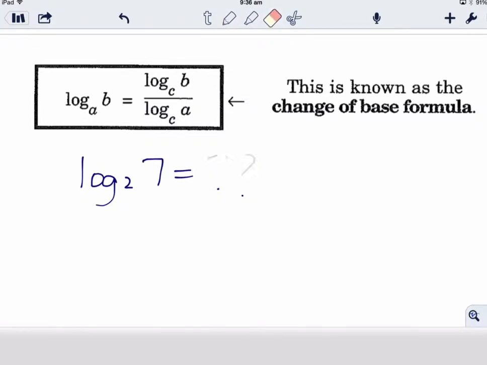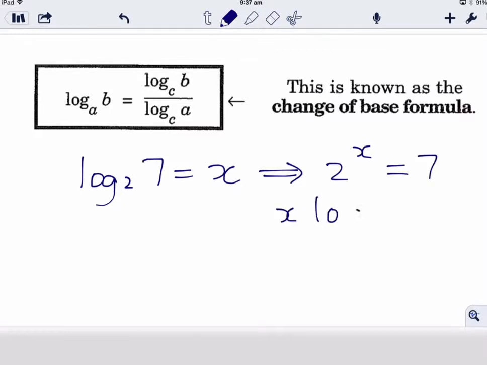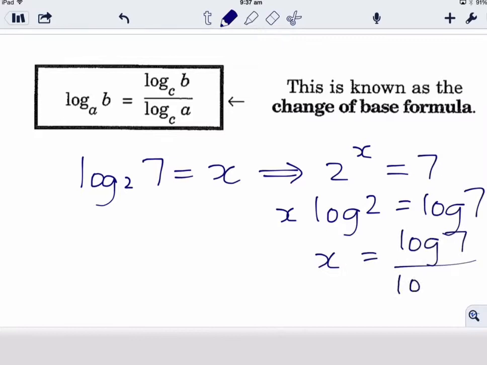Really simple. If I call this x, that's what we're trying to find, and I convert this into an indices statement, this is 2 to the power of x equals 7. If I now solve that equation by taking logs of both sides, I get this, and then x is going to be log 7 divided by log 2.